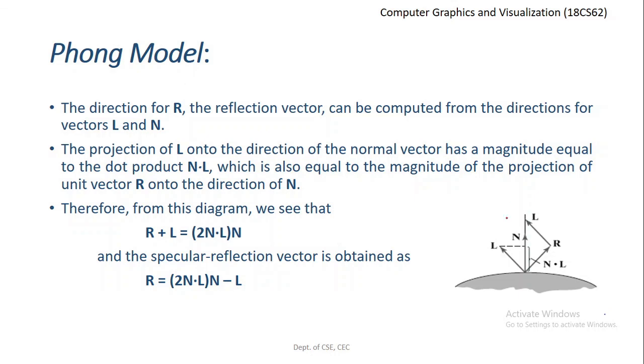Now the direction of the vector R, that is the reflection vector, can be computed from the directions of the vector L and vector N as it is shown in this particular diagram over here.